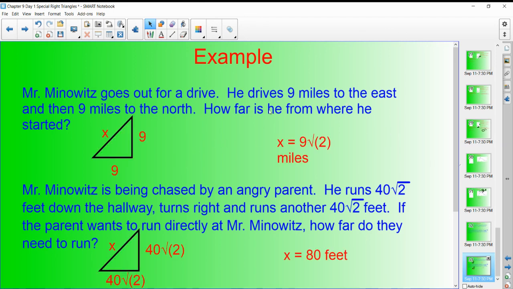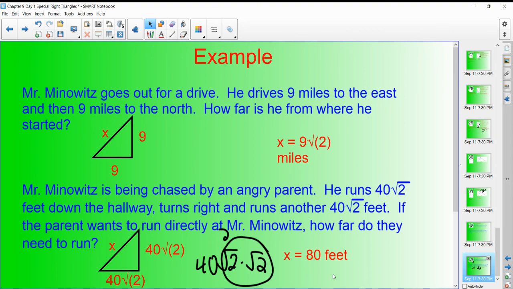I have 2 congruent legs, x and x, so we have x root 2. So 9 root 2 miles and 40 root 2 times square root of 2. Square root of 2 times square root of 2 becomes 2, so I have 40 times 2 and get 80.